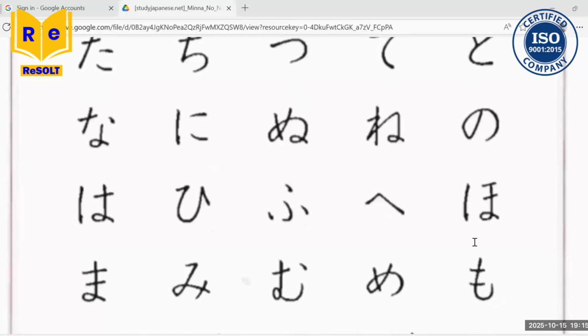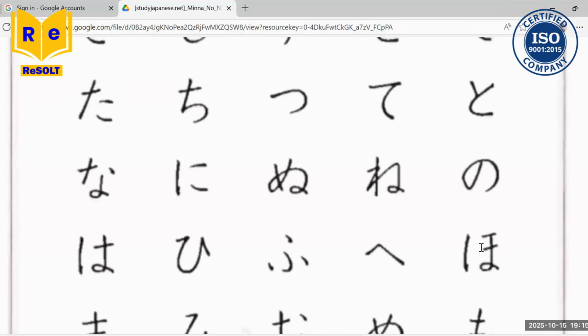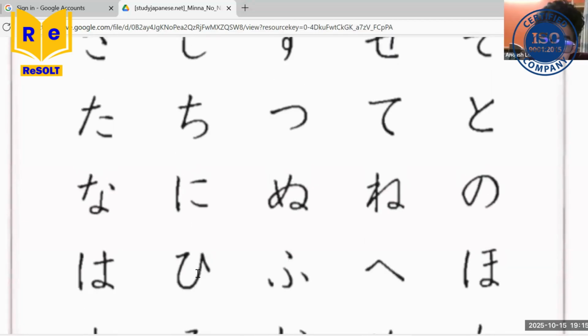Which one? This one. I think this was like "lu." No, this one. See? Like this one. But I thought this one was "hu," "he," "ho."